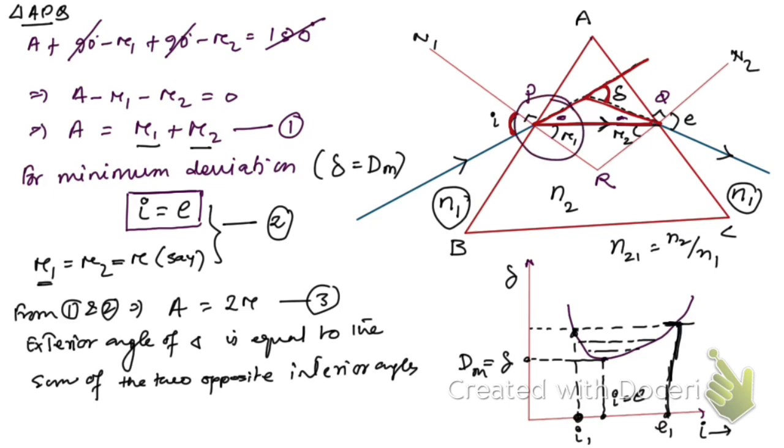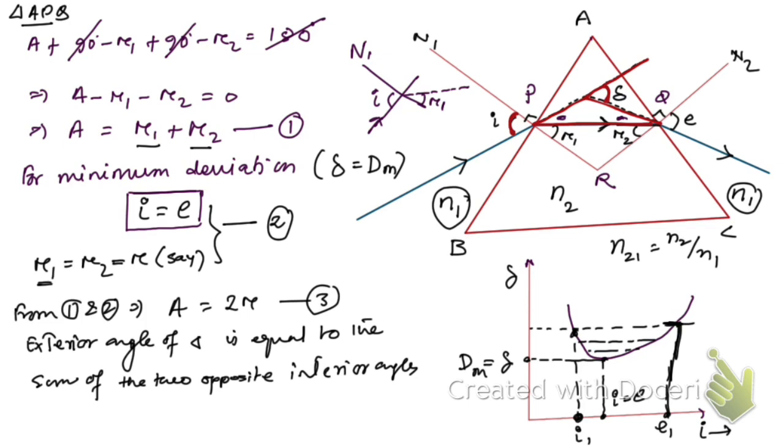So if you concentrate here at this point, you see, this is the normal N1, and this is the incident ray, and this is the angle of incidence I, okay. And this is the refracted ray, and this is angle R1, okay.